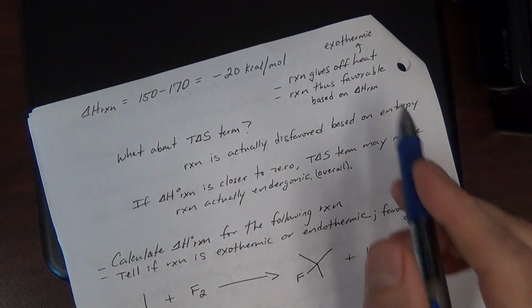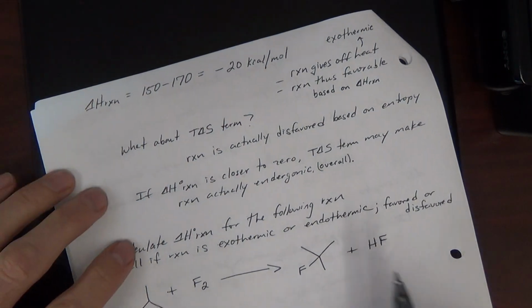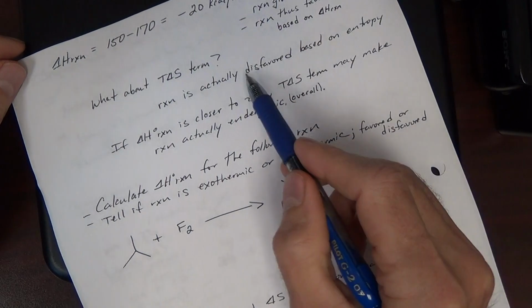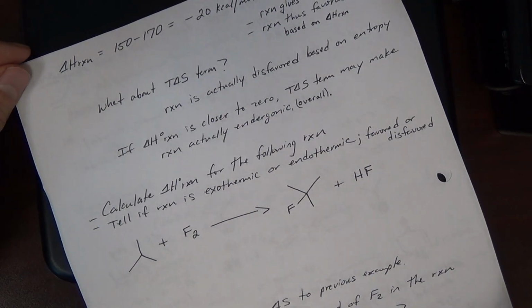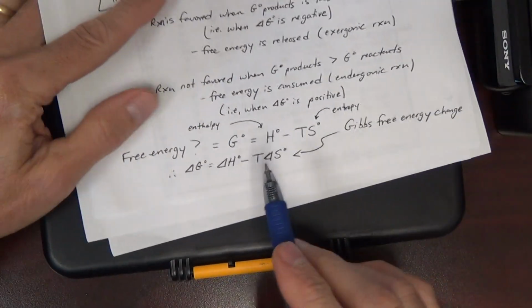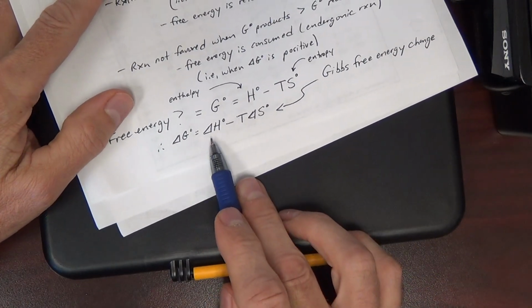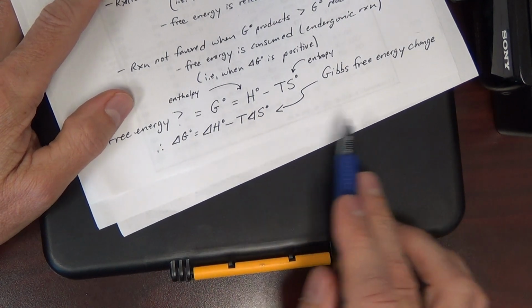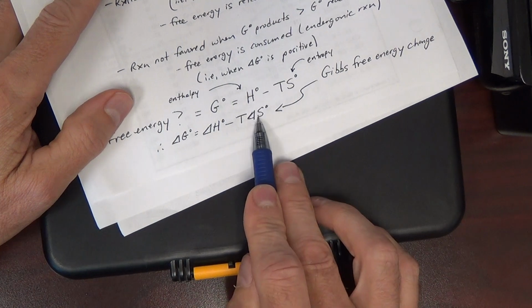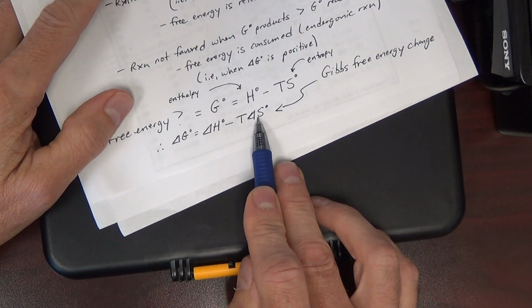So that reaction is exothermic. What about T delta S? I told you the reaction is not favored based on entropy. What about delta G overall? Because look, for this reaction we just did, delta H is favorable, but delta S is not favorable.